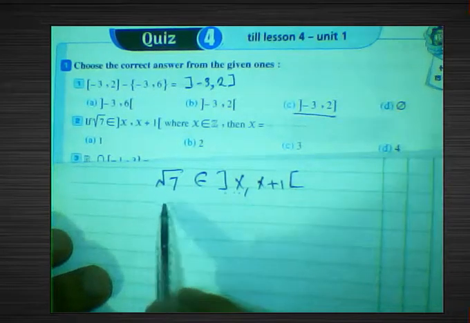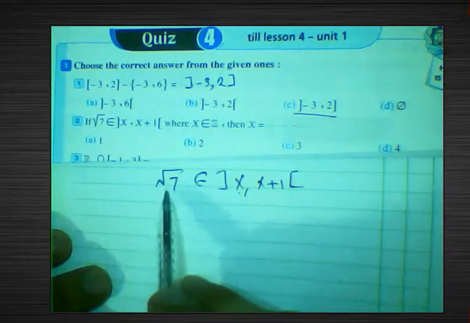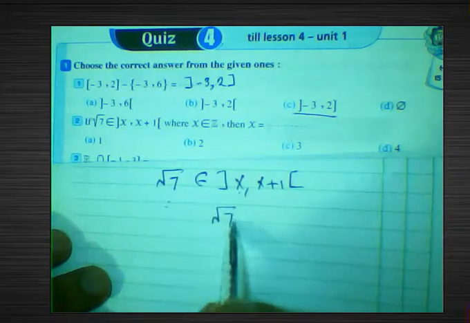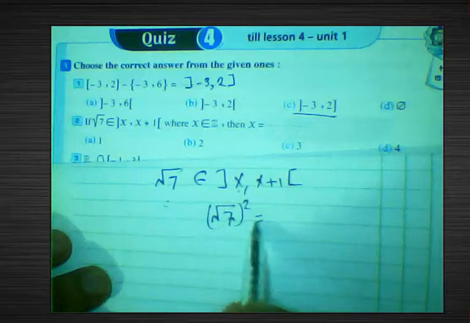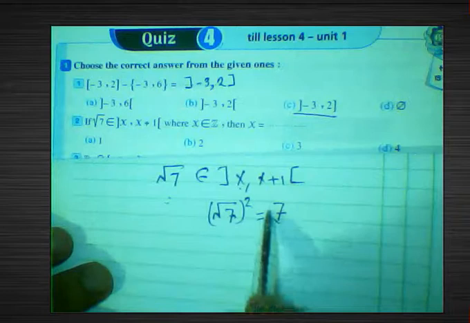First we can find x by finding root of 7. Root of 7 we can find by power 2. Root of 7 power 2 equals 7.